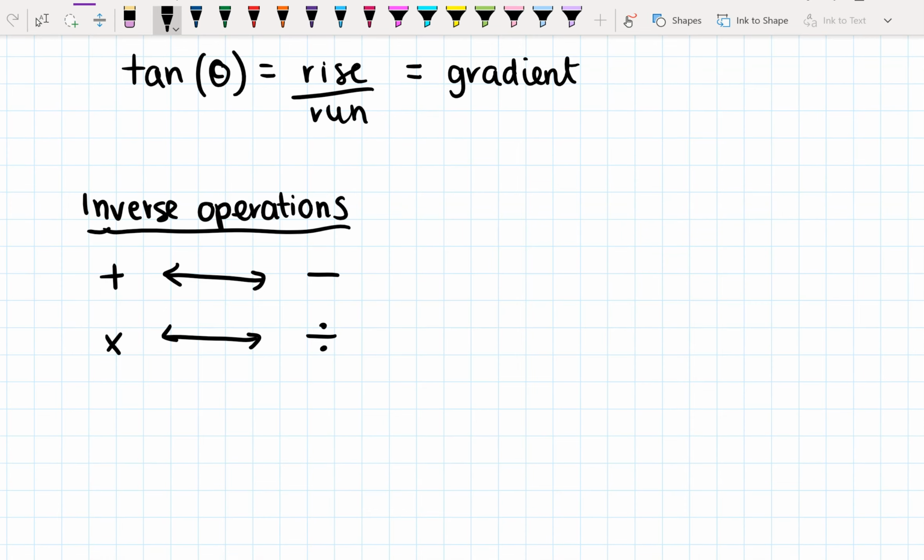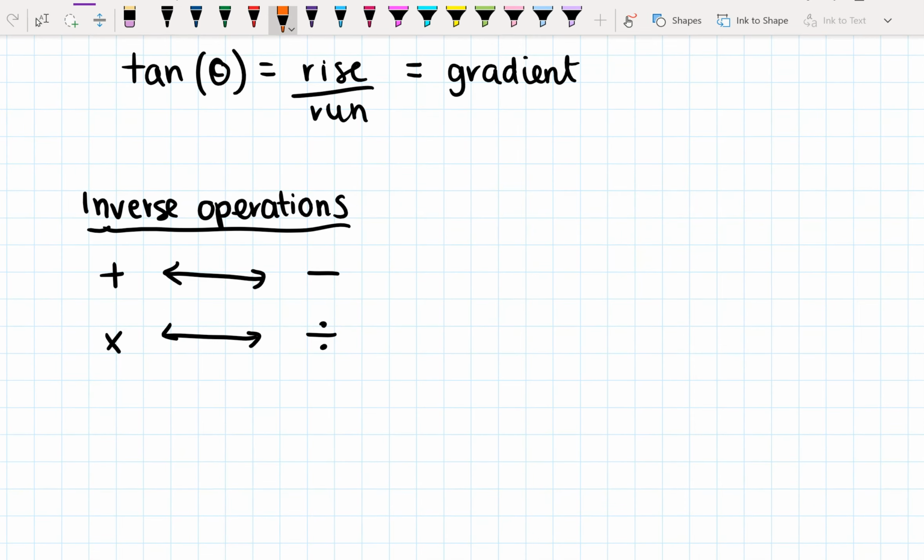Now, you've just learned about the tan operation, and when we have tan, we also have the opposite, the inverse, which is the inverse tan, and we write it like this. This is how we write inverse tan, and that's what we're going to be using today in order to solve this.